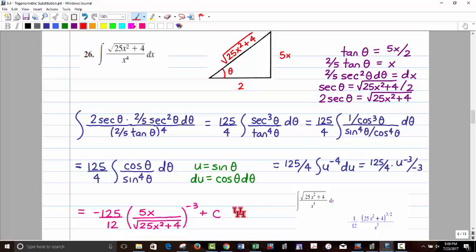Let's put everything back in here. The square root of 25x squared plus 4 right here is 2 sec theta. And then dx right here is 2/5 sec squared theta d theta.